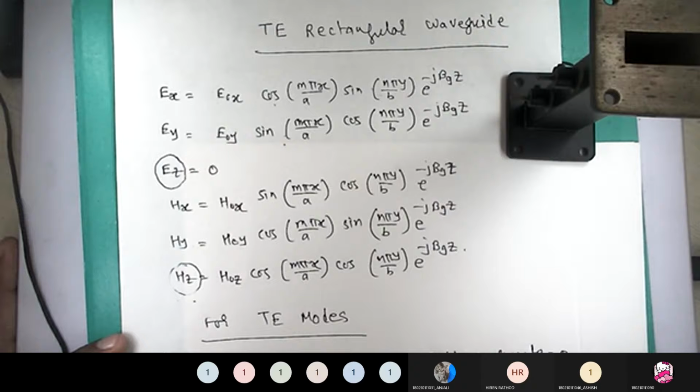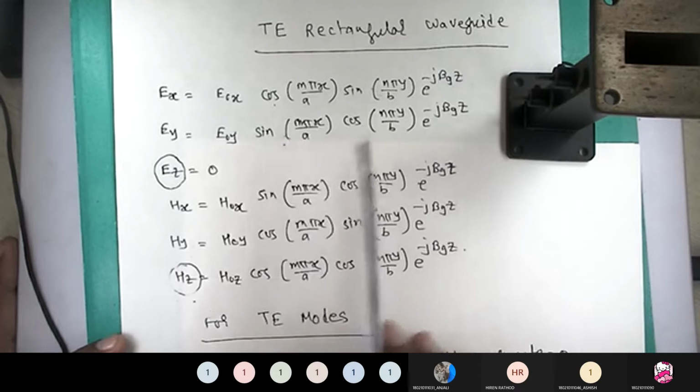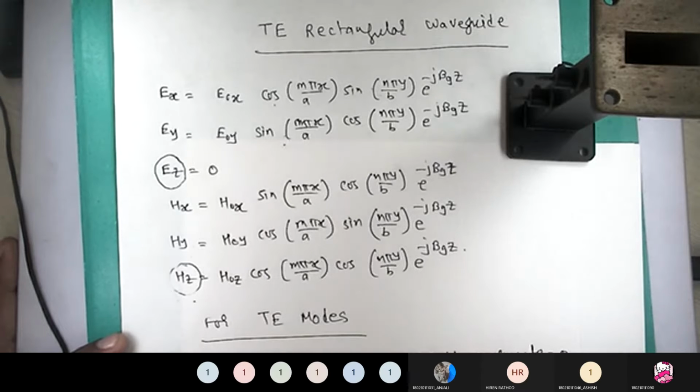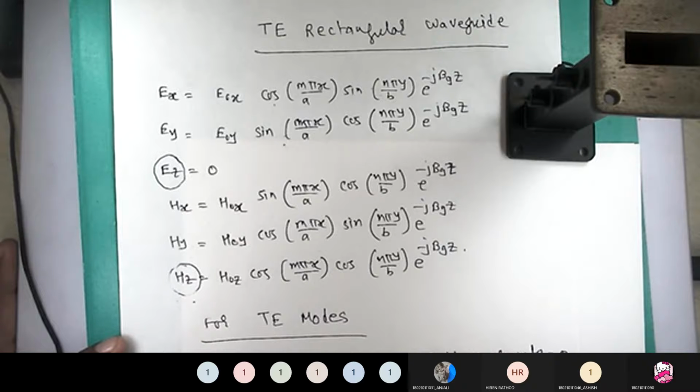It clearly indicates that if we put m equal to 0 and n equal to 0, then all the field components will become 0 or vanish, and hence the TE00 mode cannot exist. So this is the first reason why the TE00 mode cannot exist, because all the field components are going to vanish.